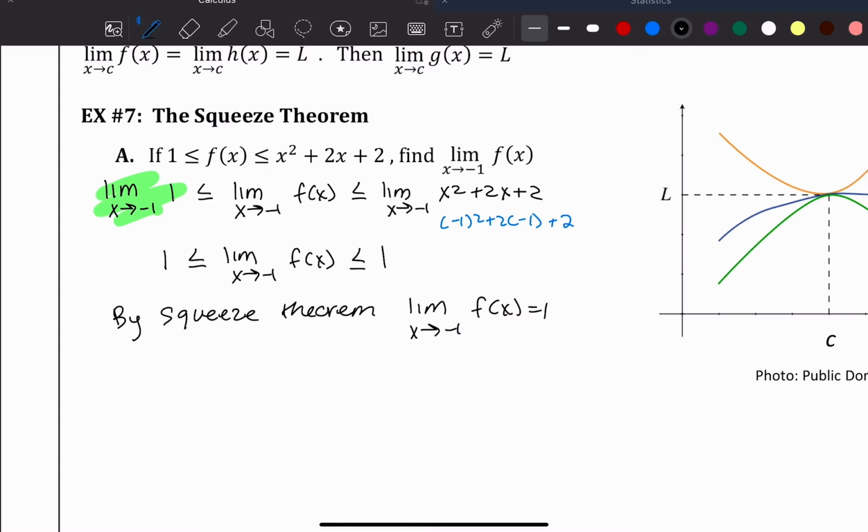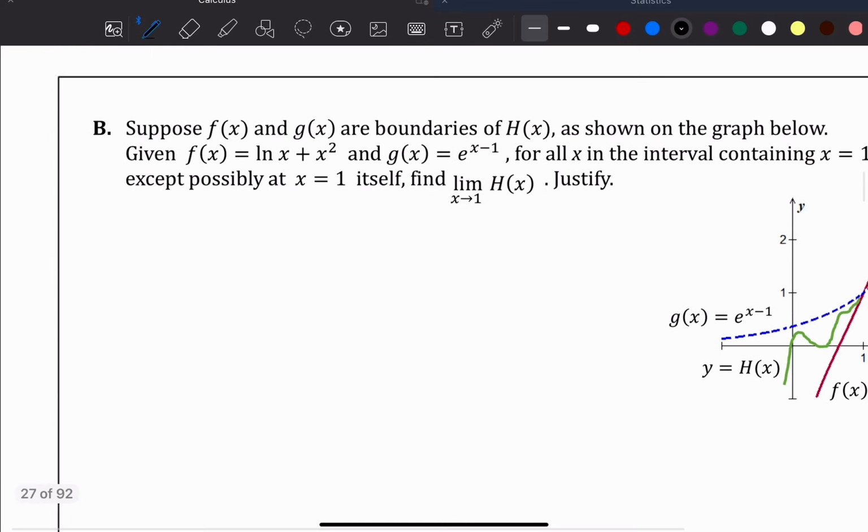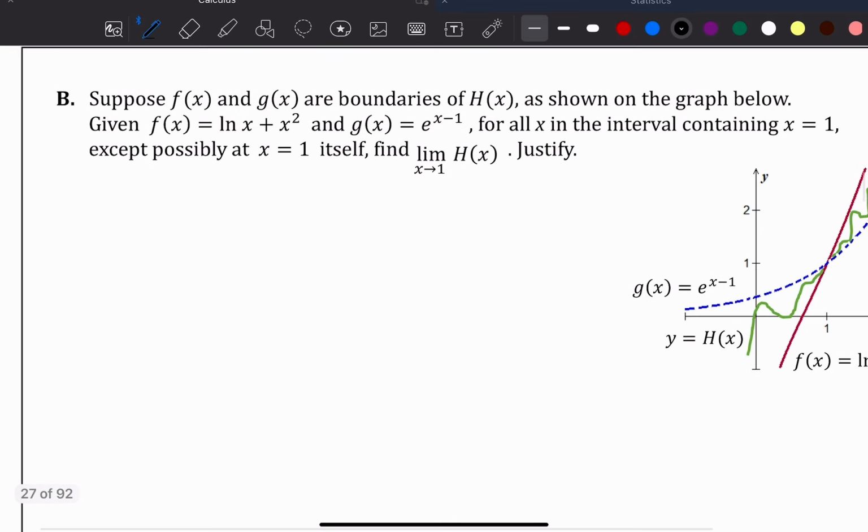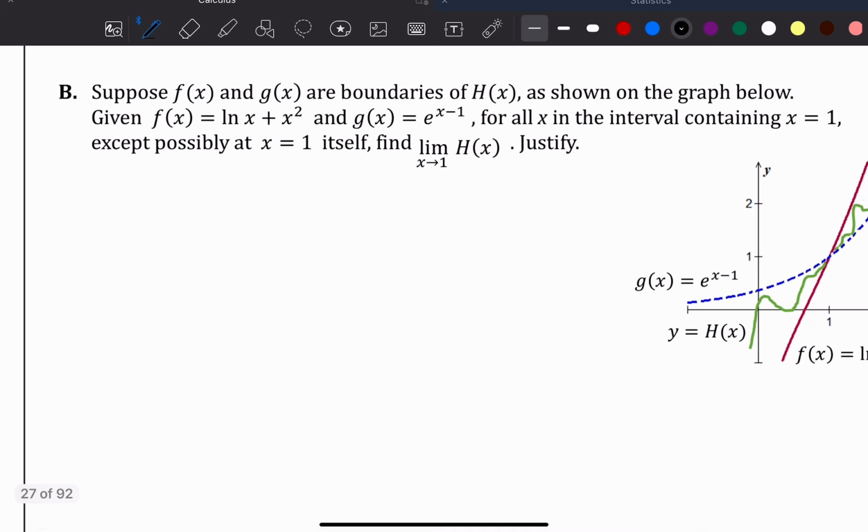Okay. So let's further discuss this and look at a proof using this example here. It says given that f of x is equal to the natural log of x plus x squared and g of x is equal to e to the power of x minus 1 for all x in the interval containing x equals 1 except possibly at x equals 1 itself, find the limit as x approaches 1 of h of x and justify. That justify is our proof.